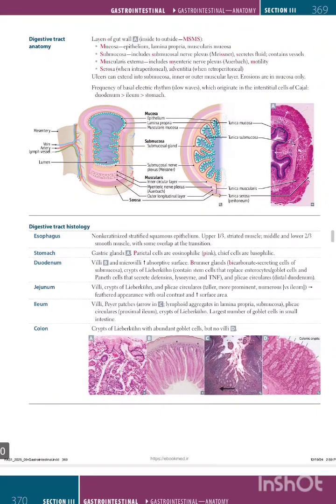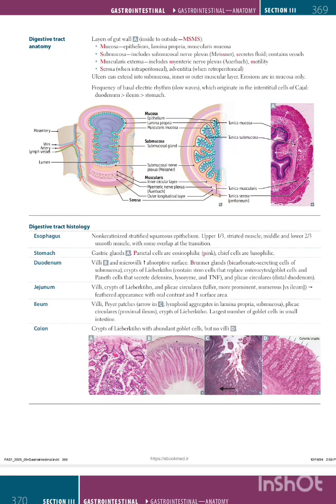So then we have the digestive tract anatomy, for which we have the abbreviation MSMS. For the first, the most inner part, we have mucosa, which is epithelium, then lamina propria, and then muscularis mucosa. And then we have the submucosal layer, which has the submucosal nerve plexus or Meissner, which secretes fluid, and it contains vessels.